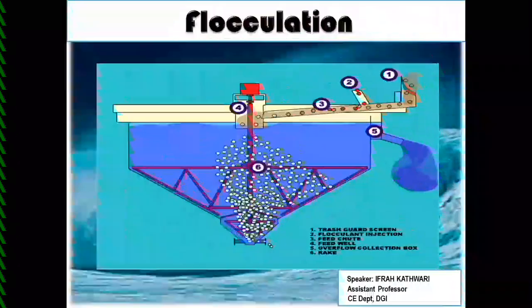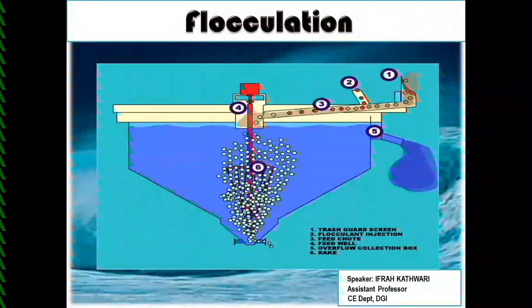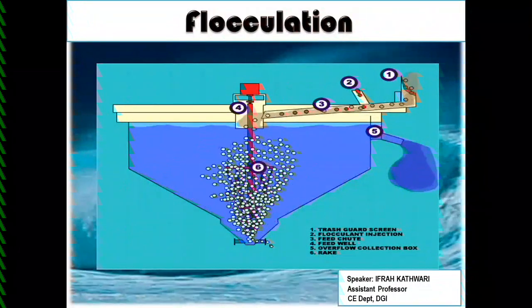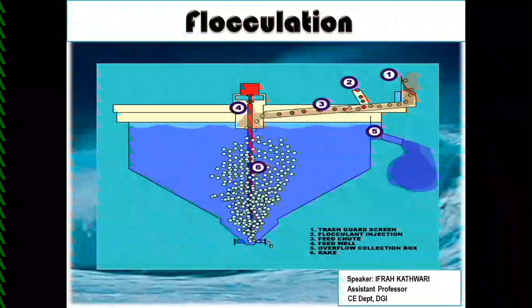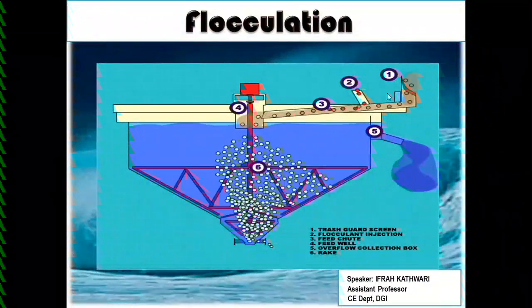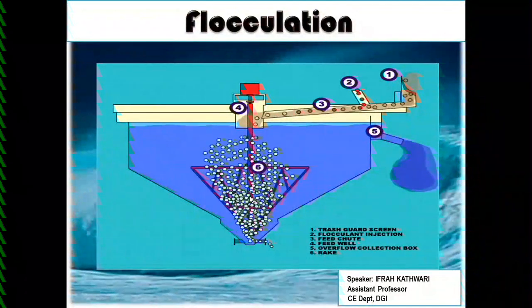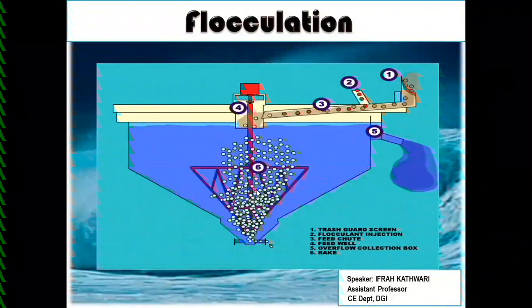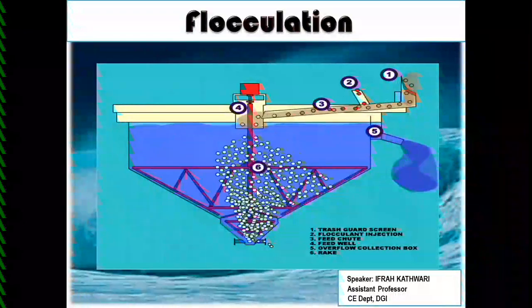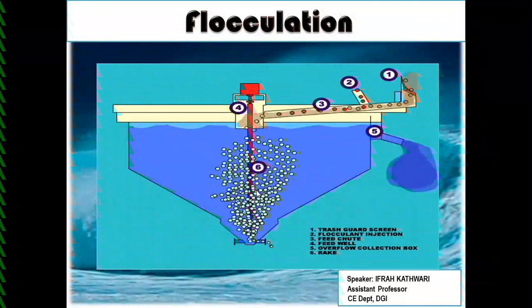So see here, the water that enters the flocculation tank. As you can see here, the water is entering the flocculation tank. With the help of these paddles, the paddle is moving at a very slow rate, and water is flowing into the paddle.